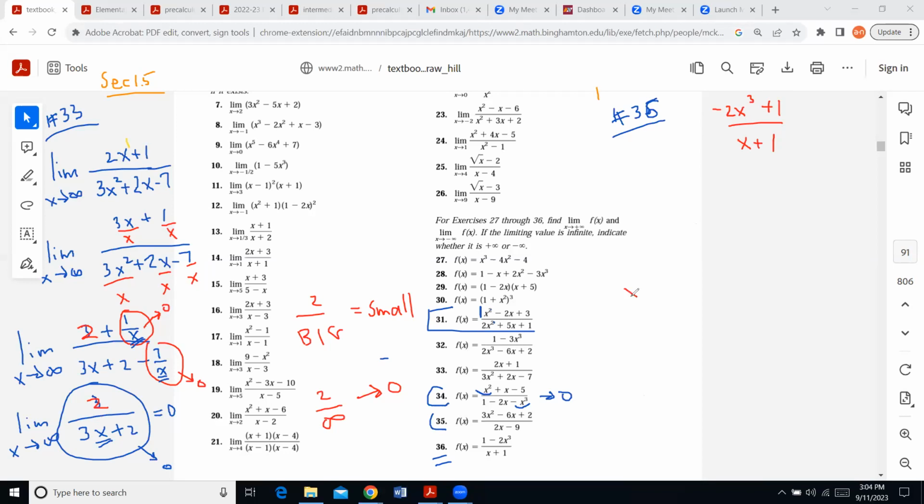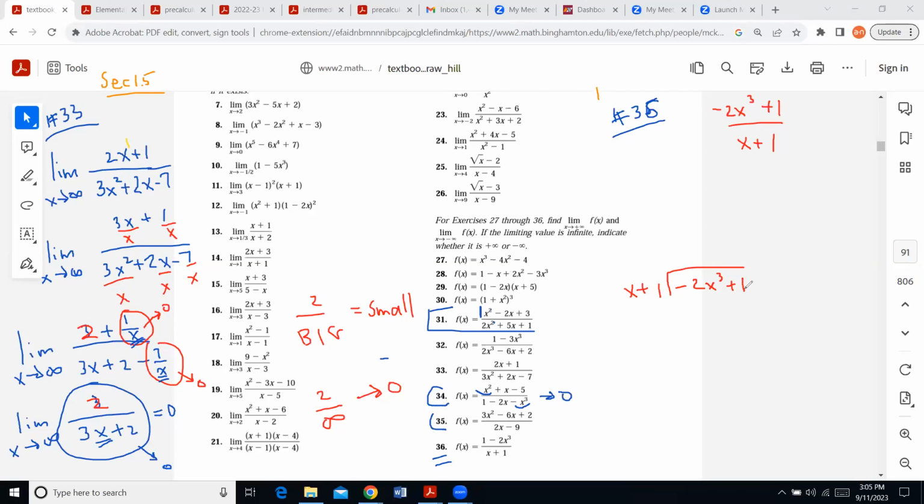And the answer is, all I can do is divide that x plus 1 into negative 2x cubed plus 1. And the way we divide, we use this long division process. See, I told you it's tedious.